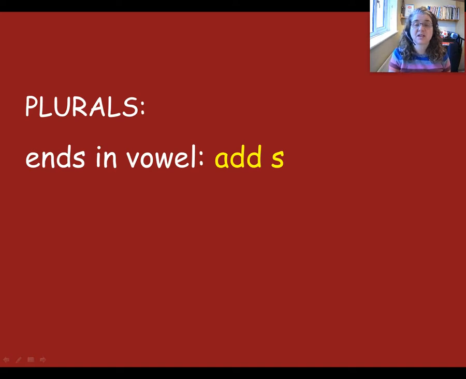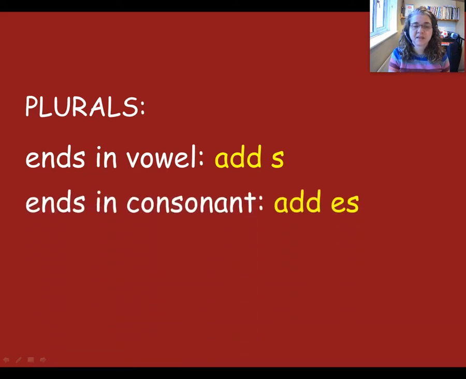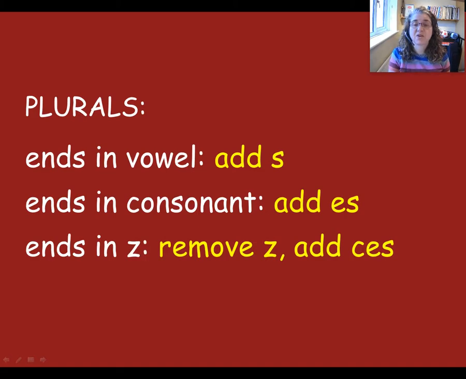In other words, if it ends in a consonant, what happens then? That's it. We put ES on the end. There is one exception, though, isn't there? Can you remember which letter on the end is the exception? That's it. If your noun ends in a Z, then you first of all have to remove that Z and then put CES on the end just to keep the th sound.